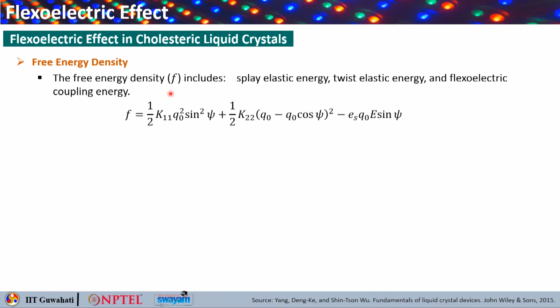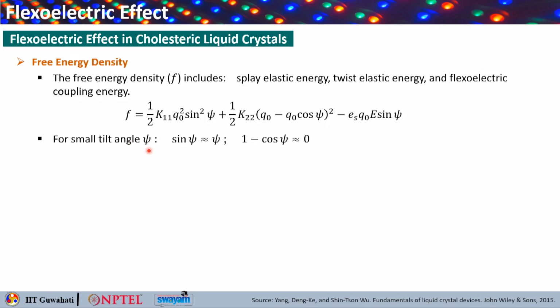So, F, the free energy density, can now be written as half K11 Q naught square sin square psi plus half K22 Q naught minus Q naught cos psi whole square minus Es Q naught E sin psi. This last term represents the flexoelectric coupling energy.